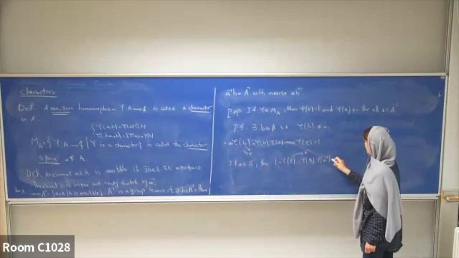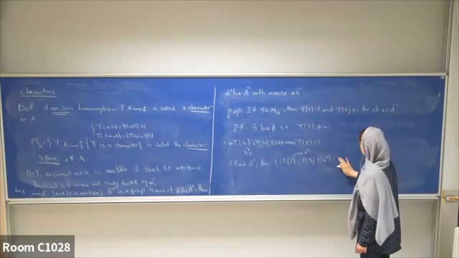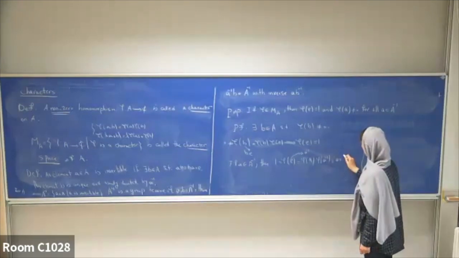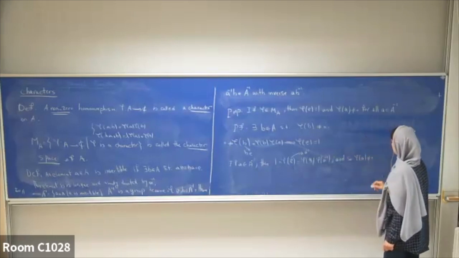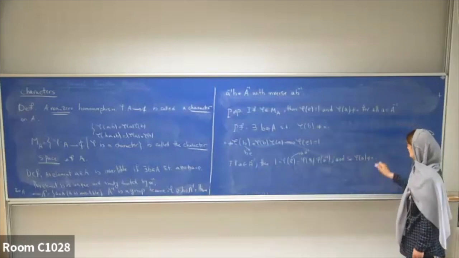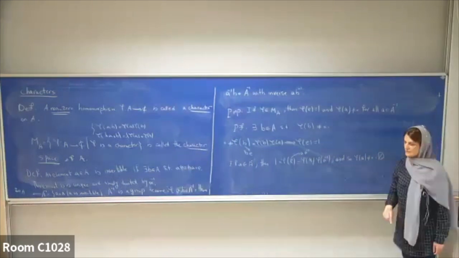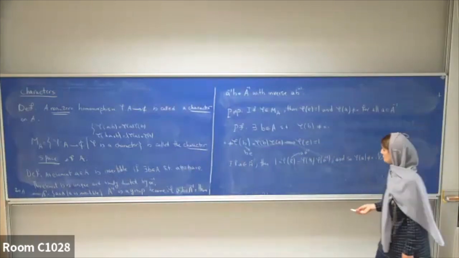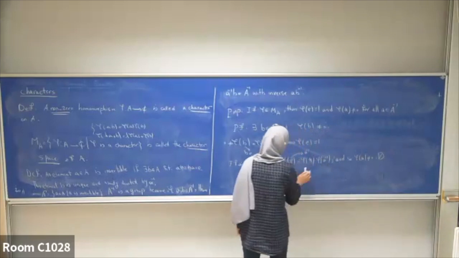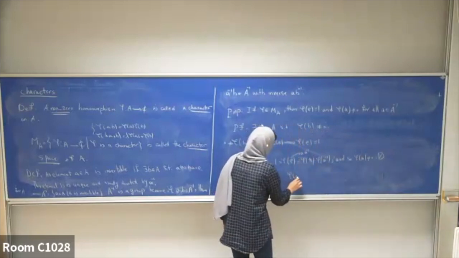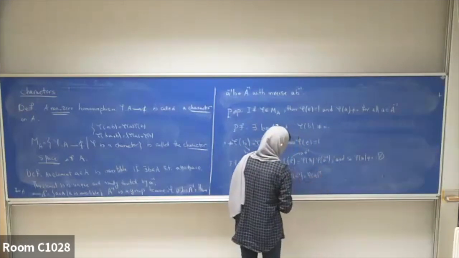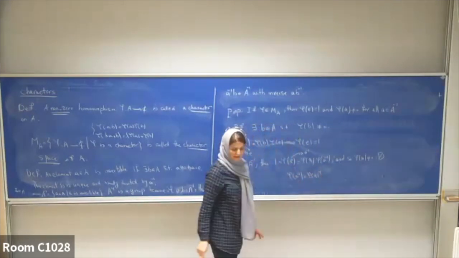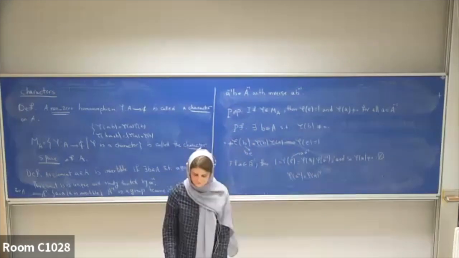So phi of A is not zero. But not only is phi of A not zero, we can infer from this equation that phi of A inverse is the inverse of phi of A. These are elements, scalars in C.